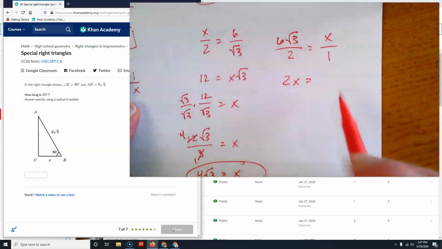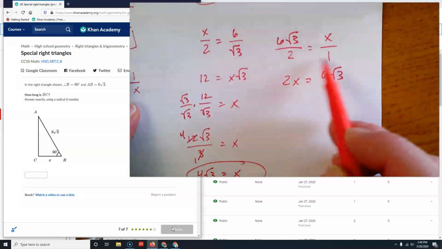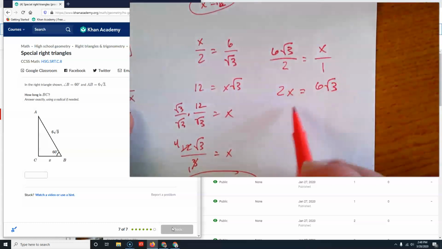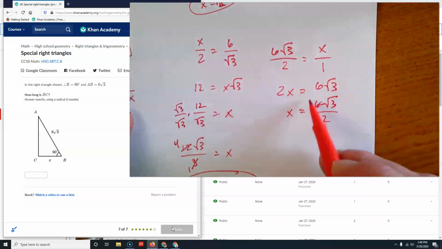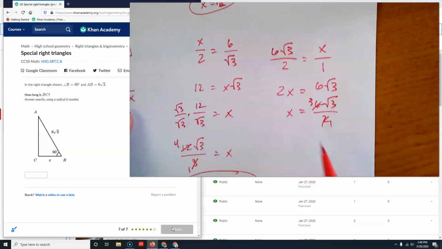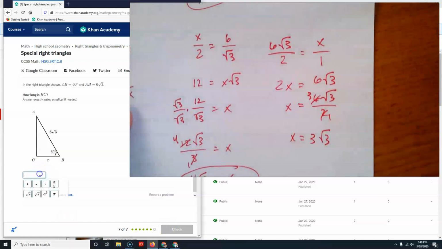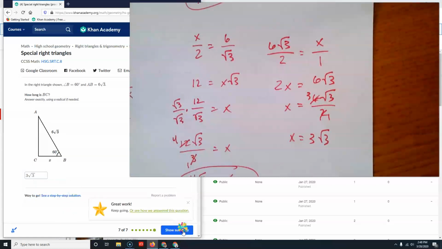And we get 2x equals 6 square root of 3. Because it's times 1. And we'll divide by 2 on both sides. And we get, well, over 2, but those cancel, and I end up with x equals 3 times square root of 3. So we've got 3 square root of 3.